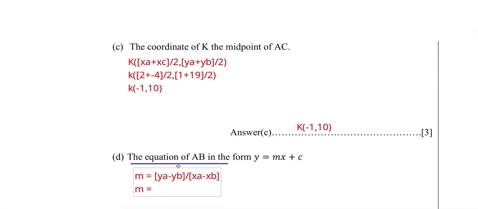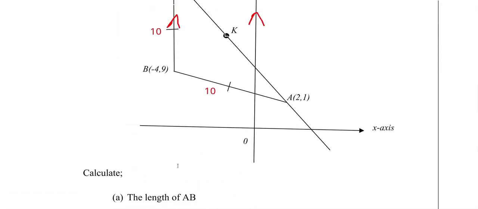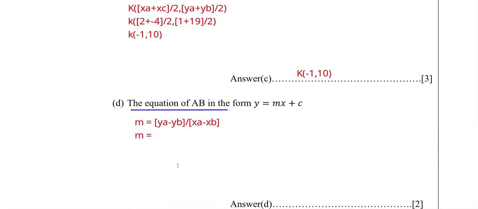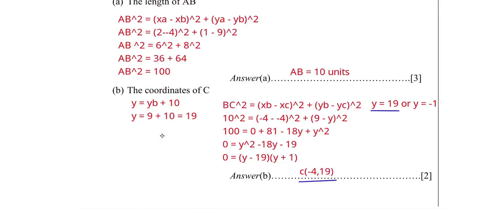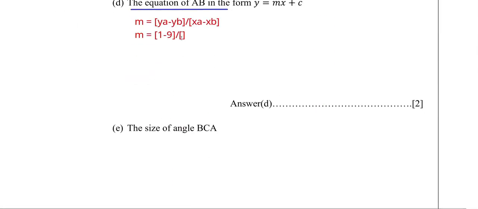Let's check what's the value of y at A. It's 1. At B, it's 9. So that's 1 minus 9, divided by x at A, which is 2, minus x at B, which is -4. Then the gradient will be equal to -8 over 6, so it is equal to -4 over 3.